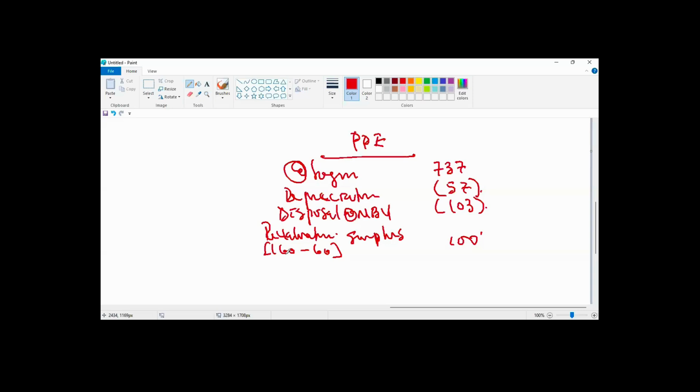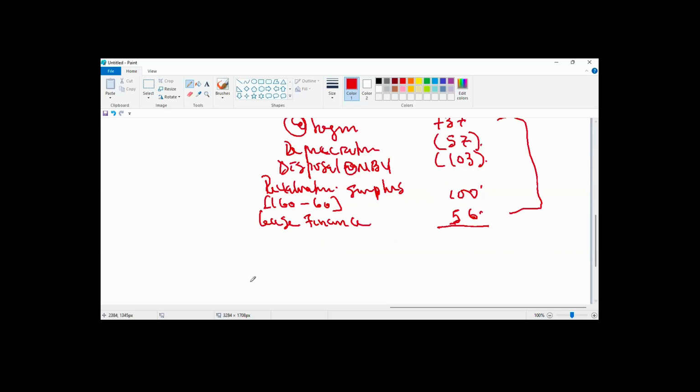Do they acquire asset on lease finance? Yes, sir. How much is the lease finance? 56. So these are the major things that used to be there. I will now say, what is the PPE at the end? So I will sum this and get my PPE at the end.